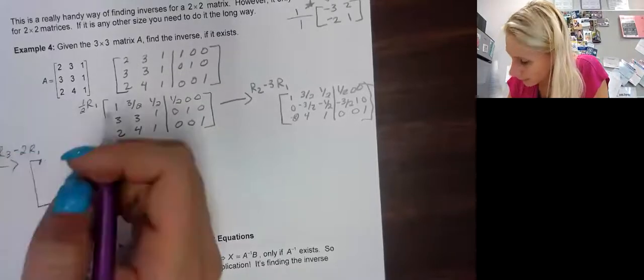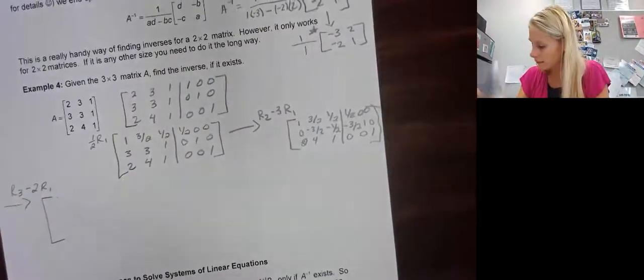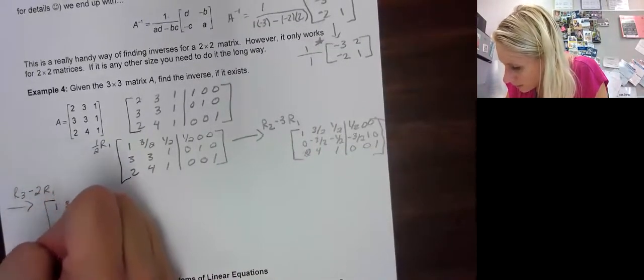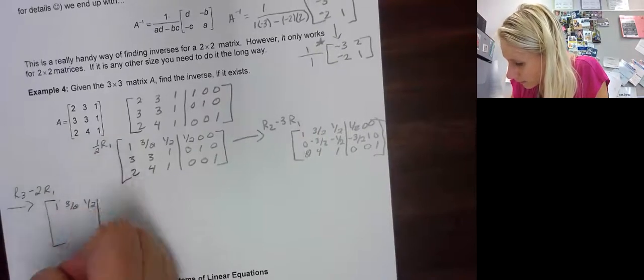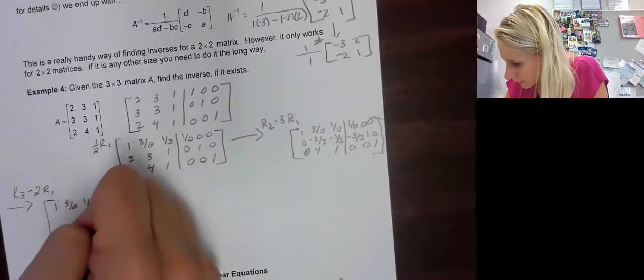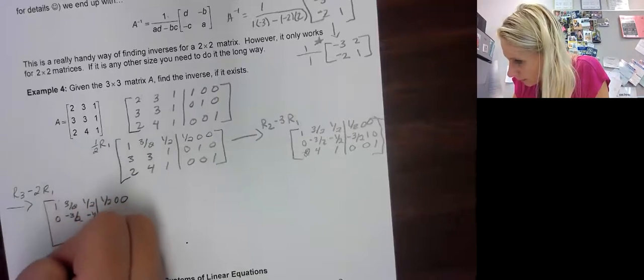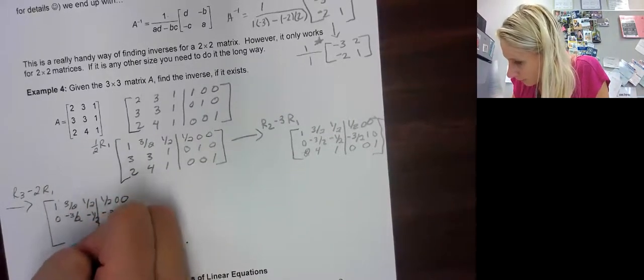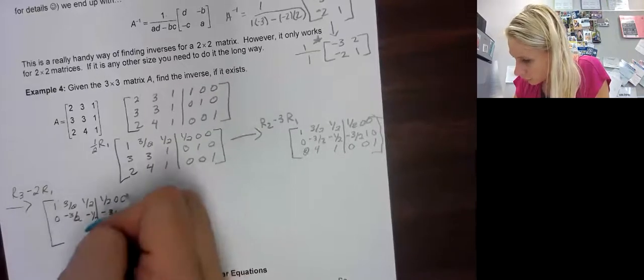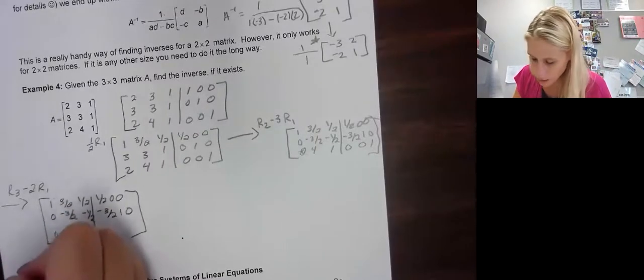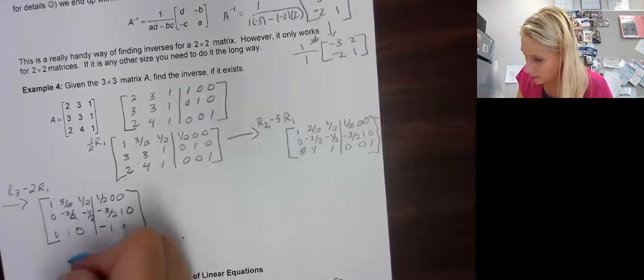What does that give me? 1, 3/2, 1/2, 1/2, 0, 0, then 0, negative 3/2, negative 1/2, negative 3/2, 1, 0. And of course my third row is what I was changing, so I get 0, 1, 0, negative 1, 0, 1. All right, now what?